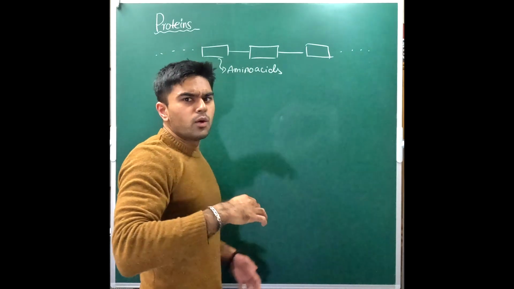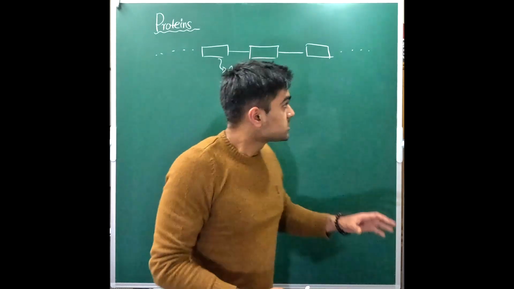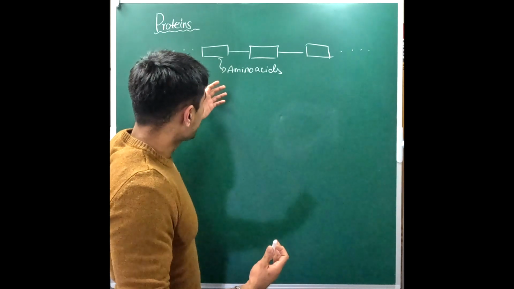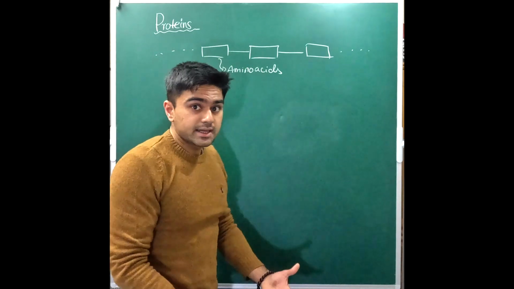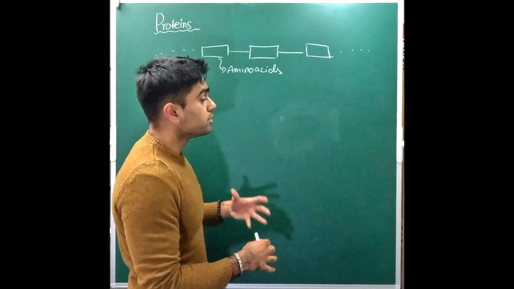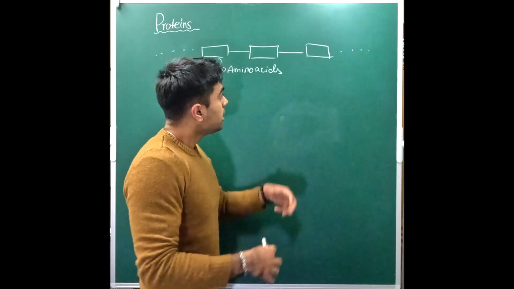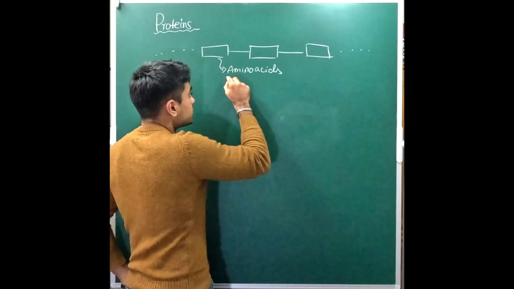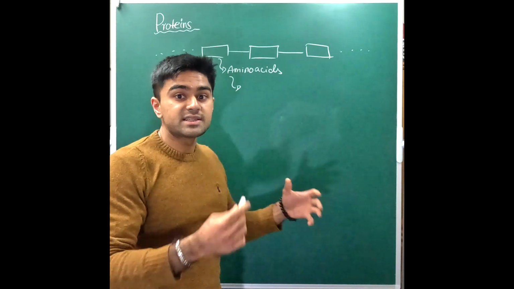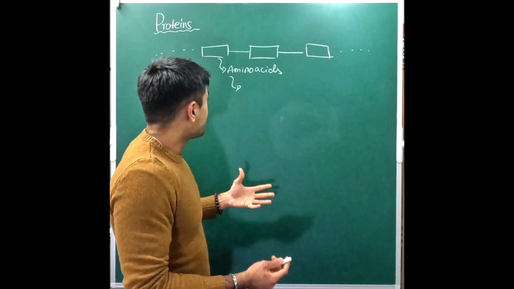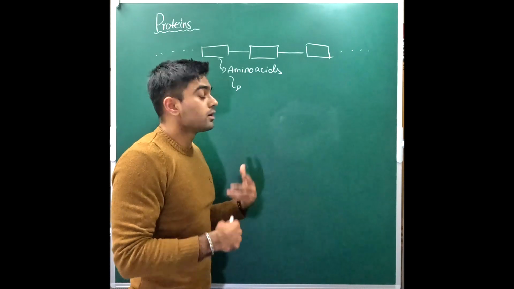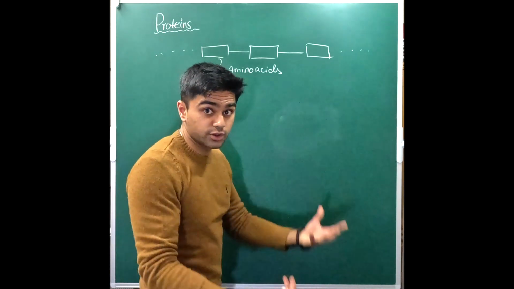Now the first thing, what is an amino acid? So an amino acid is the subunit that ends up joining together to end up making a protein, which is a macromolecule. Now, an amino acid itself is made out of several different elements. The elements that amino acids are made out of start to make a lot more sense once we look at the actual structure of an amino acid.